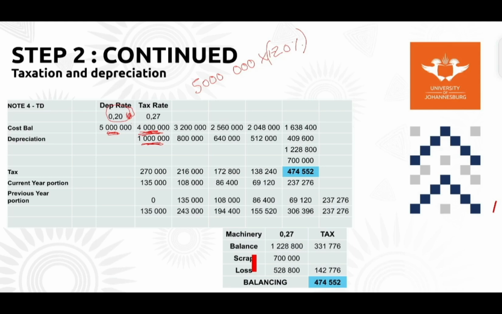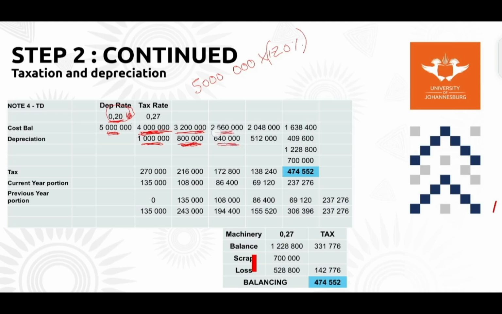Then for this depreciation, it would have been 4 million multiplied by 20% gives you 800. And then to get your new residual value or your new depreciable amount, you would then have to say 4 million minus 800 to give you 3.2 million. And you just keep doing the same where you depreciate this amount by 20% to get this.